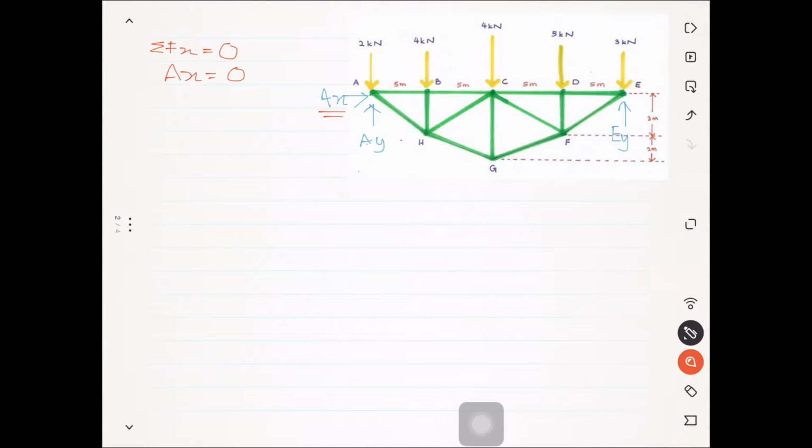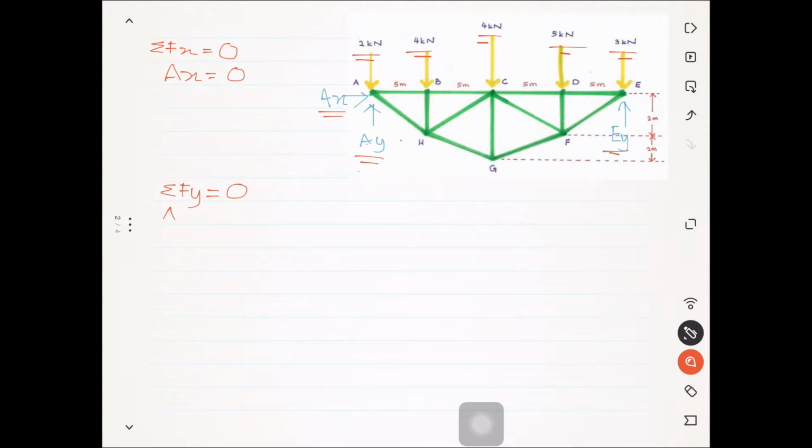Okay, for the y-axis, let's do the summation of Fy equal to 0. For the y, there's an Ay, 2 kilonewton, 5 kilonewton, 3 kilonewton, and Ey. So if it's going upward, it's positive. If it's going downward, it's negative.